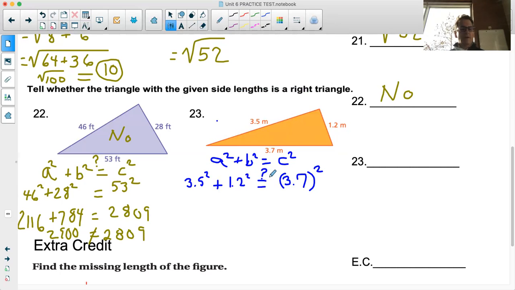I'm going to use my calculator for this. 3.7 times 3.7, and I have 13.69.